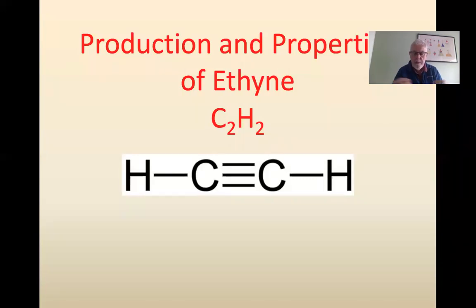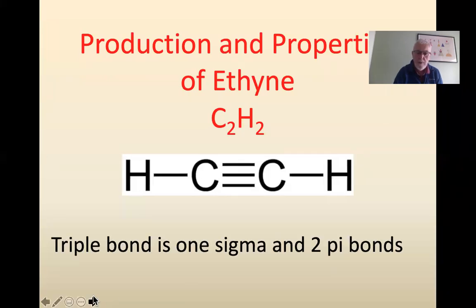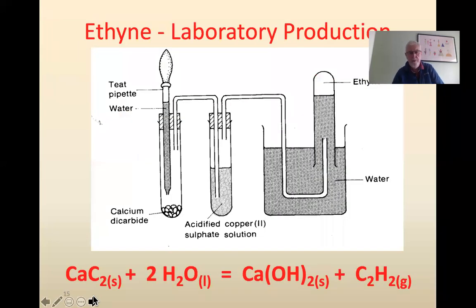It is a symmetrical molecule. It is non-polar, and remember that a triple bond consists of one sigma and two pi bonds. Right? Triple bond is one sigma and two pi bonds. You should have done that already in organic chemistry, the theoretical side of it anyway.